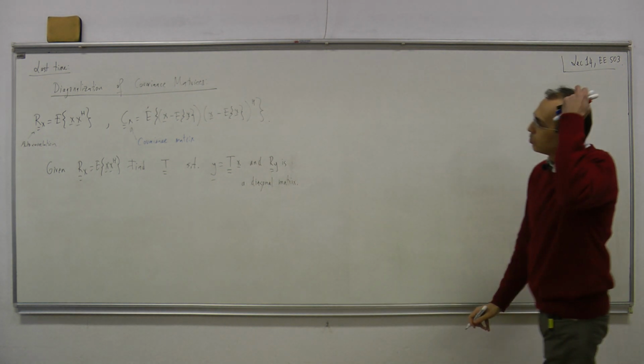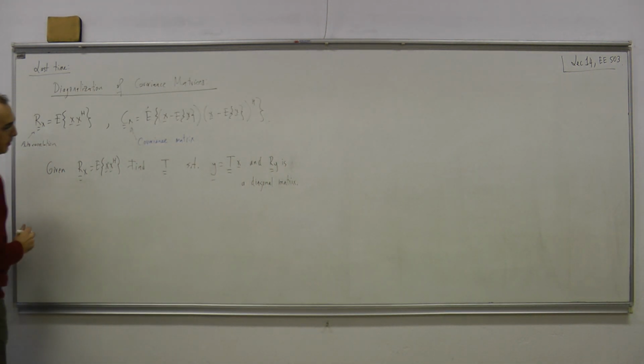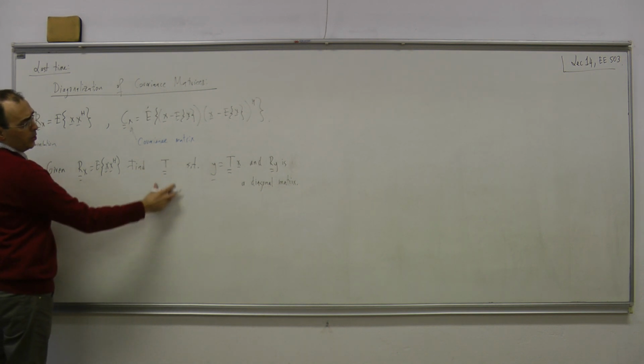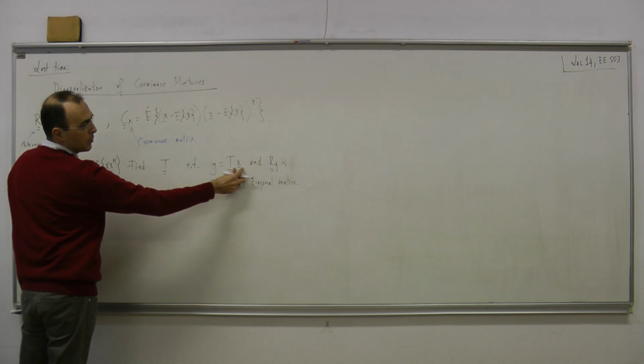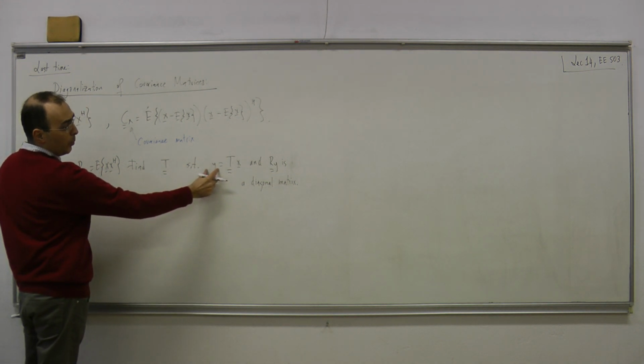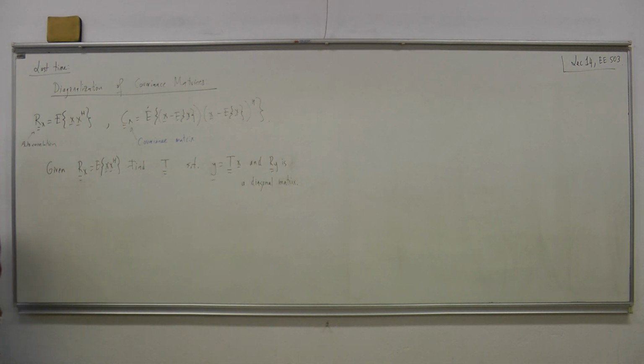So this is called diagonalization of the autocorrelation or covariance matrix. So what is this? This is the T matrix, this is the transformation, you may say, of this X vector to another vector. So this is also a random vector, but the property of this random vector is that now its autocorrelation matrix is a diagonal matrix.